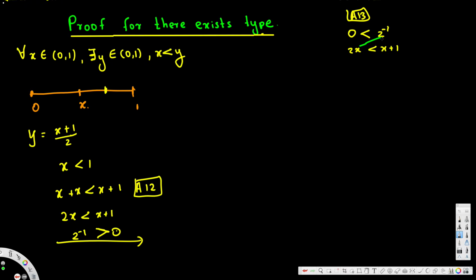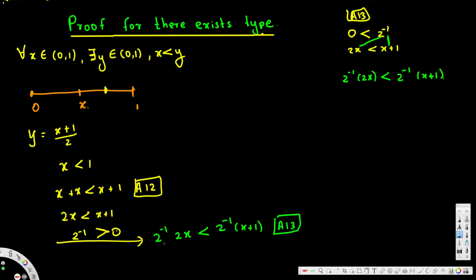So 2 to the power minus 1 times 2x should be less than this multiplication, 2 inverse times (x plus 1). This is what axiom number 13 says. So by that we will get 2 inverse times 2x is less than 2 inverse times (x plus 1) by axiom number 13.